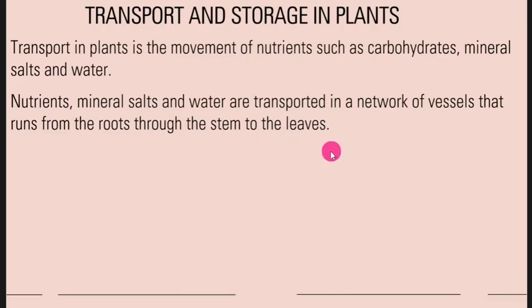So there's a network of vessels or tubes, a connection of tubes in a plant, that runs from the roots into the stem to the leaves. That network in a plant is through which mineral salts, nutrients and water move.